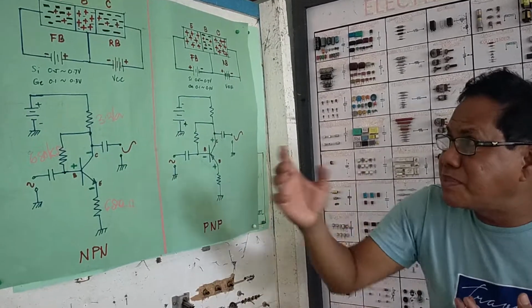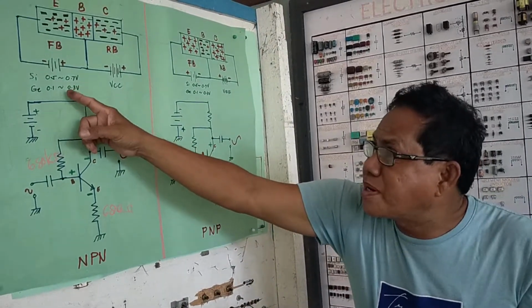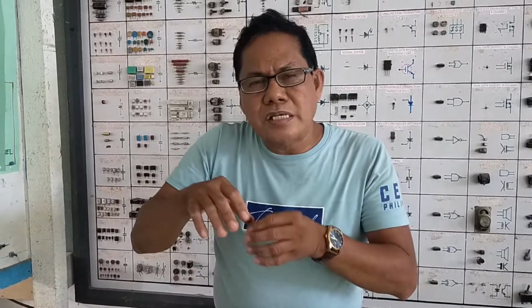Silicon transistors can be activated by this amount of voltage, 0.5 to 0.7. But silicon material is best for power dissipation because it has a higher temperature dissipation. It can dissipate up to 200 degrees centigrade, whereas germanium is only up to 110 degrees centigrade.